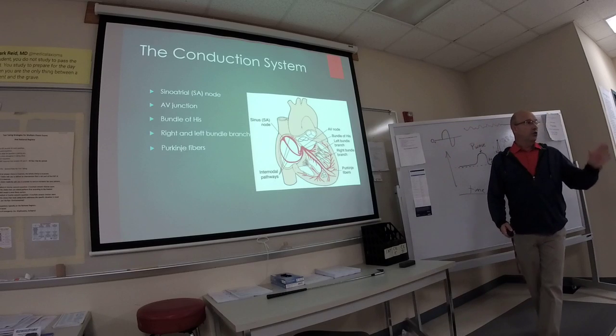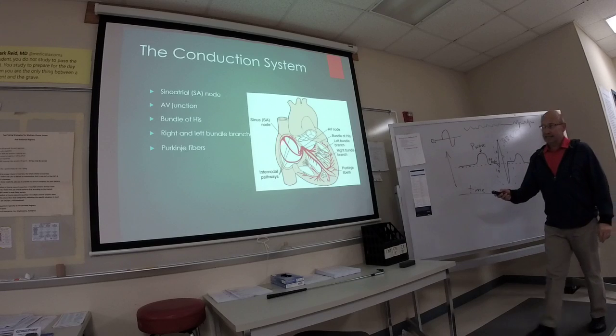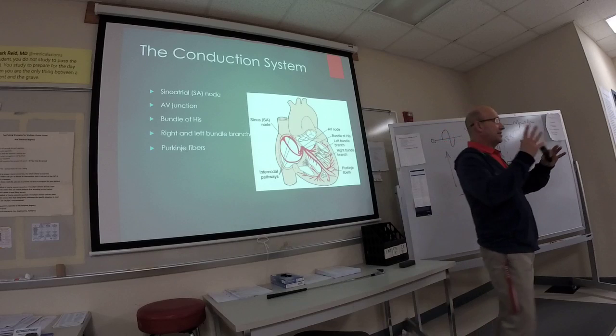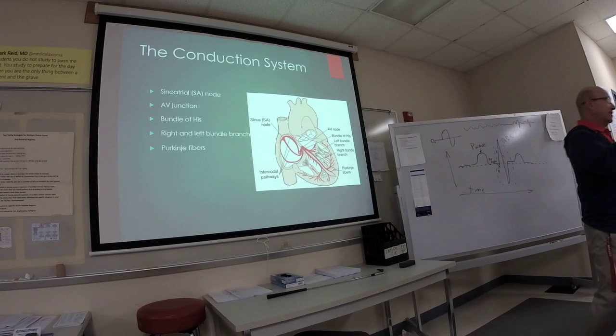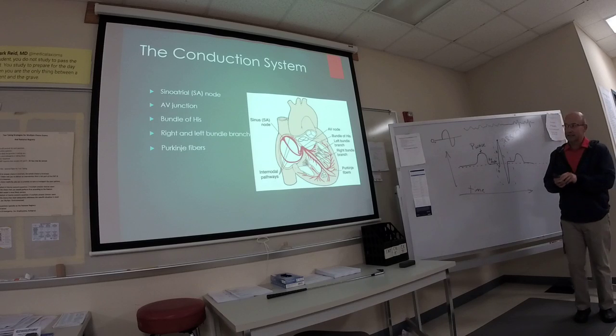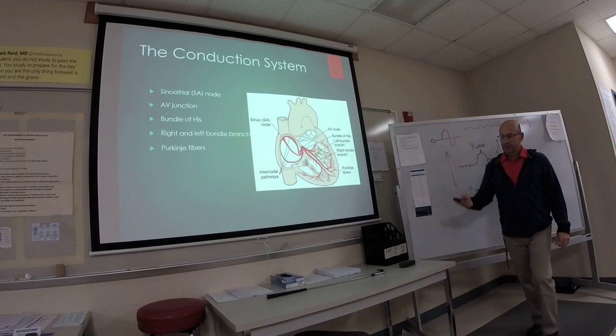So in a normal response, once the SA node depolarizes, that hosts the sodium-potassium pump, right? Once that takes place and we're out of that phase and it depolarizes, it produces a P wave on the EKG.